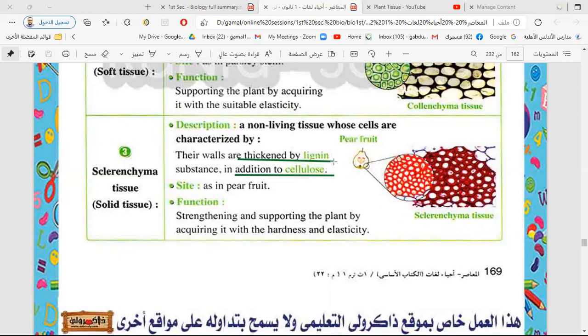Like you see the tissue in the pear fruit. The pear fruit, نبات الكمثرى, if you eat it, you can see it's very hard. So there is a lot of sclerenchyma cells or sclerenchyma tissue, which is solid because it is thickened with cellulose and also lignin.